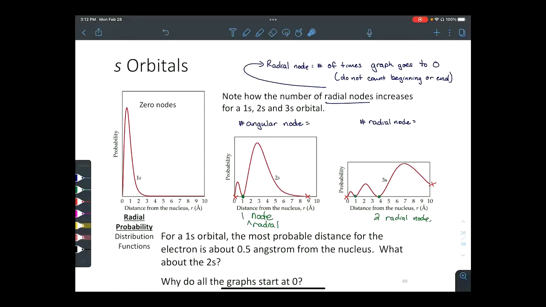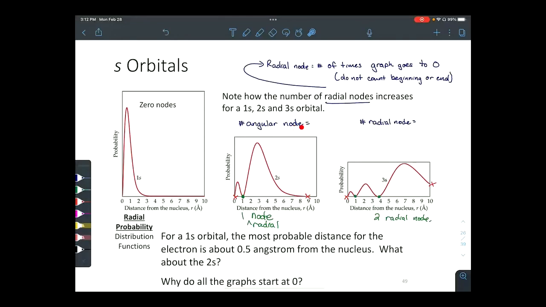So how radial nodes relate to our idea of quantum numbers is that's how we essentially calculate our orbital size. Is depending on the number of radial nodes and angular nodes within a certain orbital set of quantum numbers. So I have those definitions here. It's all based upon angular nodes and your principal quantum number.